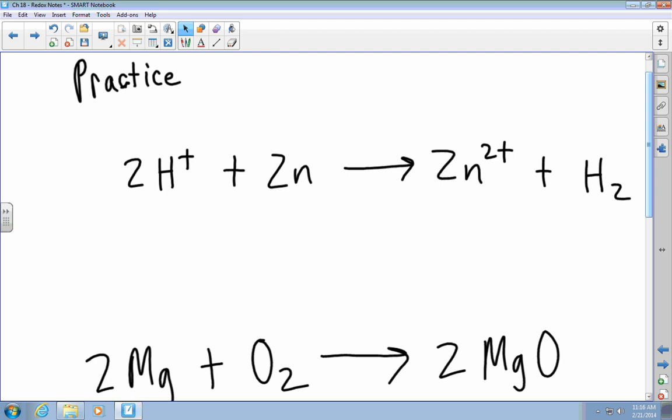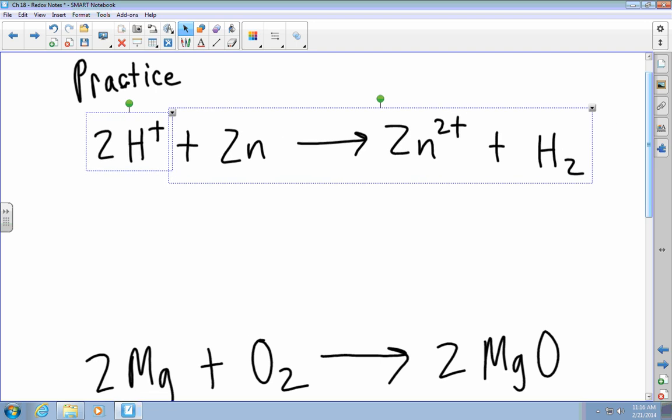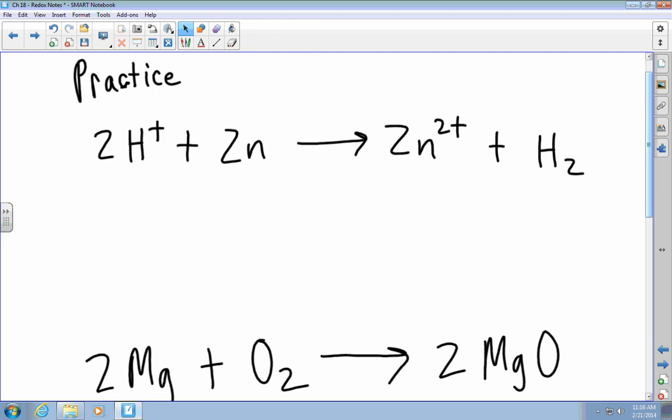So let's look at this first reaction here. So in this case, we're starting with ions. So we've got 2H plus Zn going to Zn2 plus H2. So we're starting with hydrogen ion on the left side of the arrow.